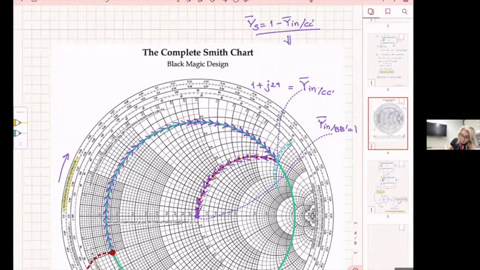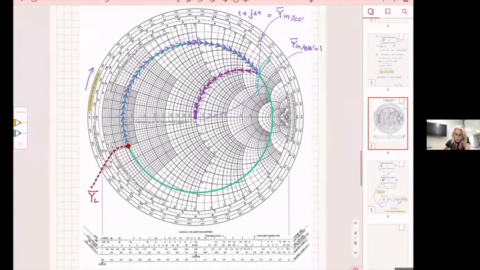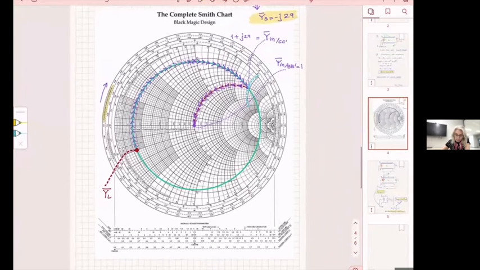I conclude that my ys normalized is equal, since I subtract from 1 y in CC prime, ys is minus j2.9. So I found ys, okay?